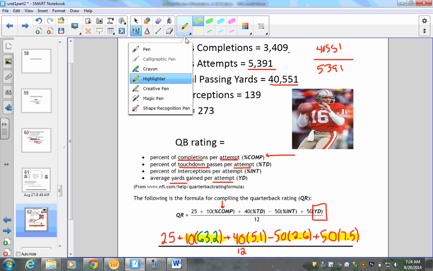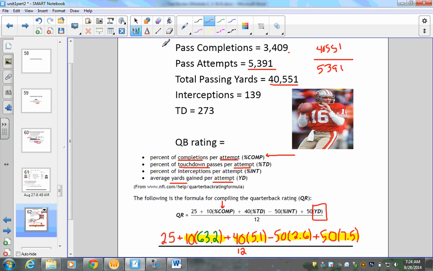When I did everything at the top, I got 1,106 divided by 12. So when I divide all this out, my quarterback rating will be 92.2. So there is his quarterback rating.